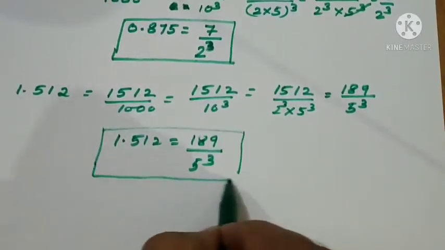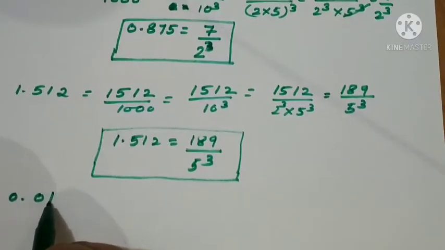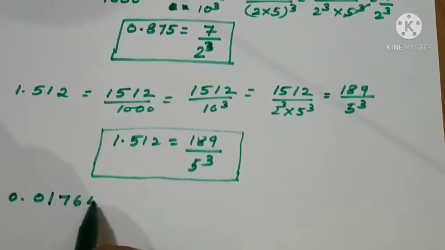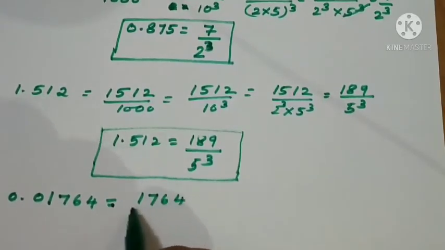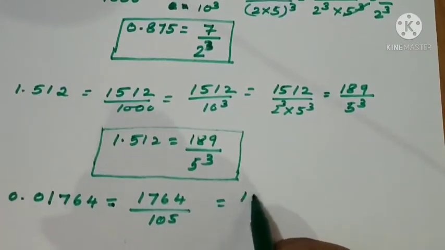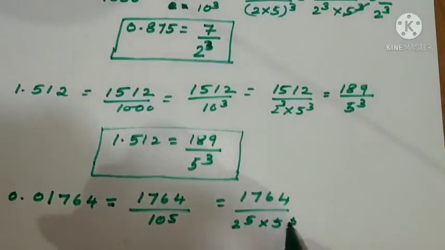Now let us see one more example, that is 0.01764. 1764 divided by 10 raised to 5. 1764 divided by 2 raised to 5 into 5 raised to 5.